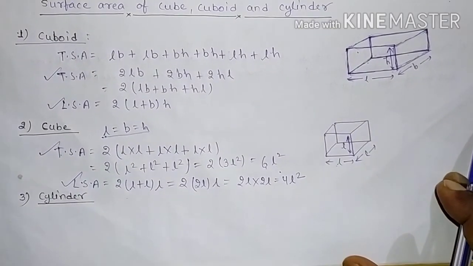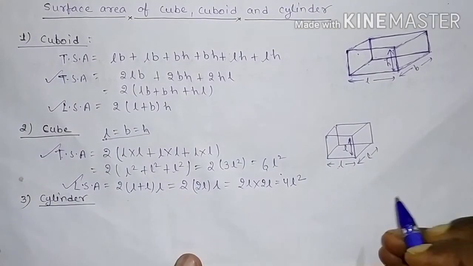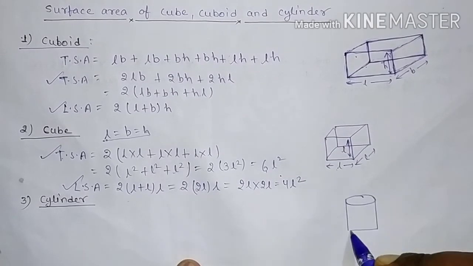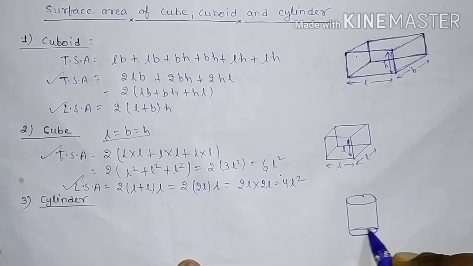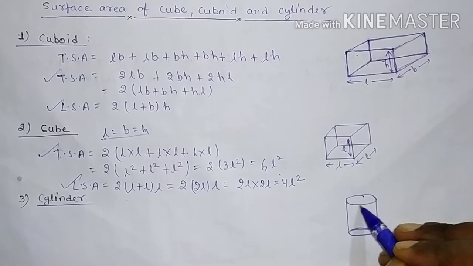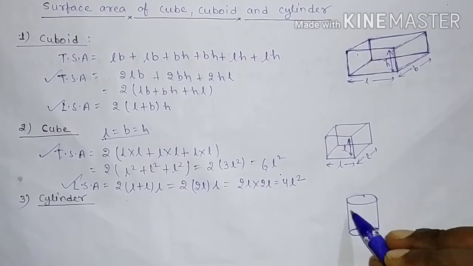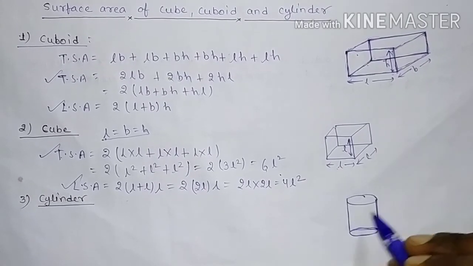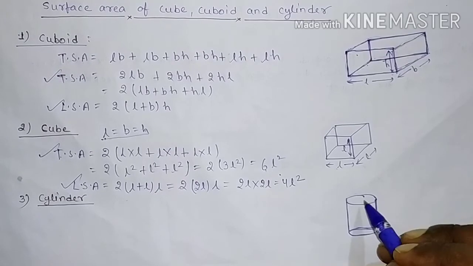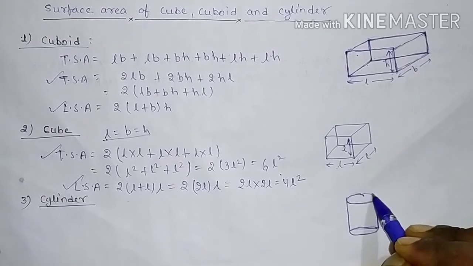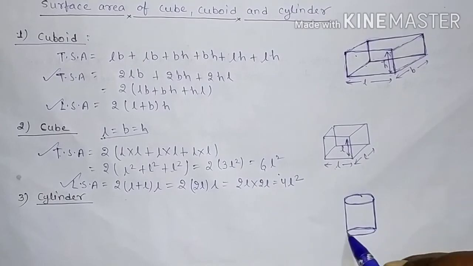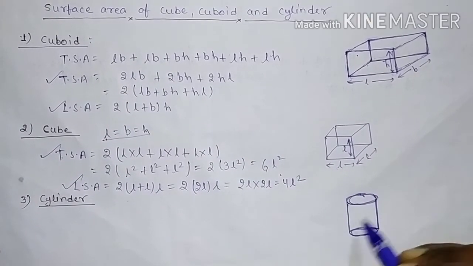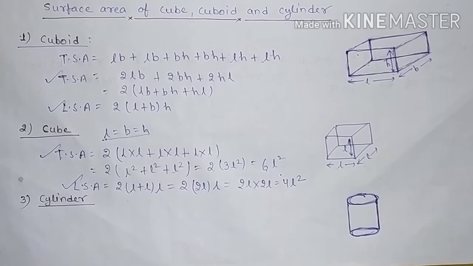Now next is the cylinder. A cylinder looks like this type of shape. Simply it has two circular faces, upper and lower, and one curved surface. These two surfaces are circular surfaces, and the middle one is the curved surface.